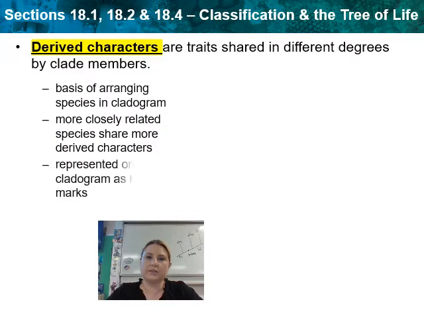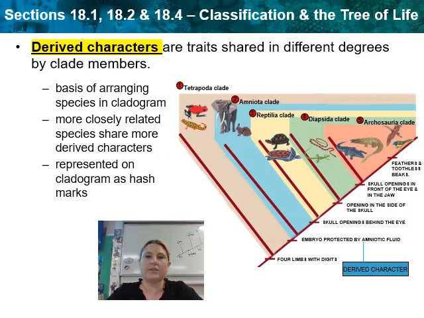If we look at this on our cladogram, we have these things called derived characters. They're traits that are shared in different degrees among all of these different clade members. The clades are like the groups, and they're the basis for arranging the species on our cladogram. The more closely related the species are, the more shared derived characteristics, okay?